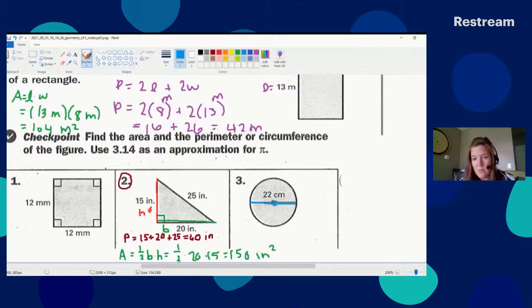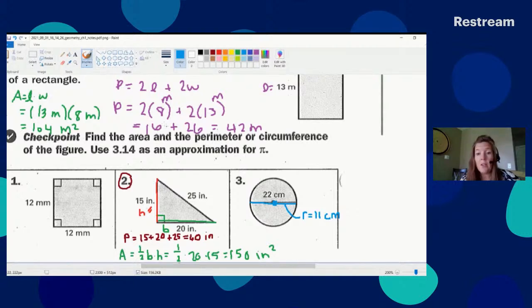Okay. And the radius is half of that. So the radius is just 11 centimeters. So when you've got that line all the way across, that stands for diameter. The radius is just going to be indicated by a line from the center to the outside of the circle. See the difference between those two?